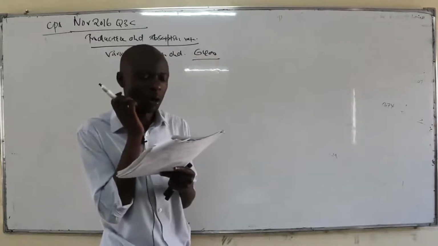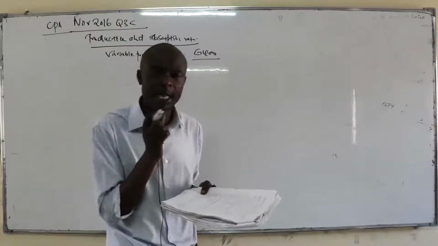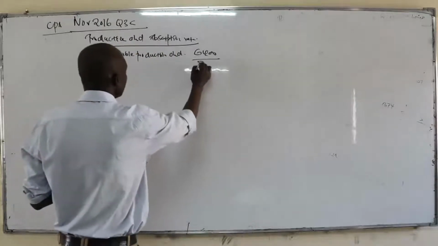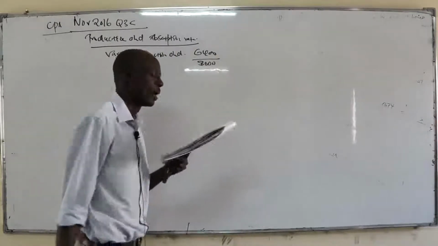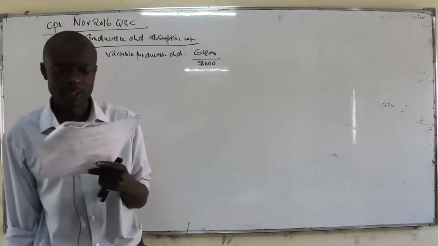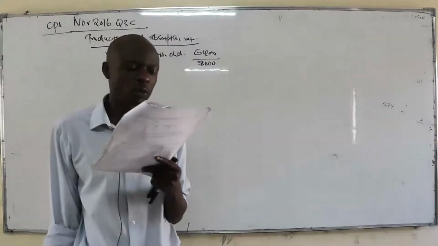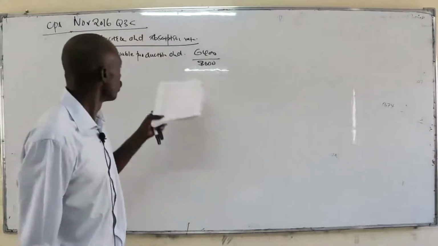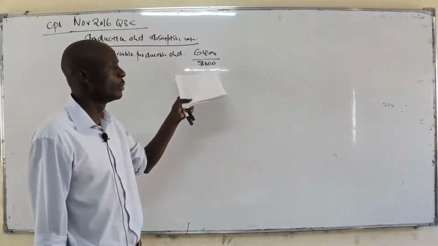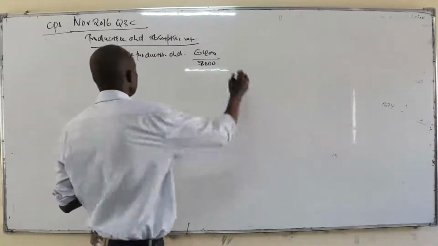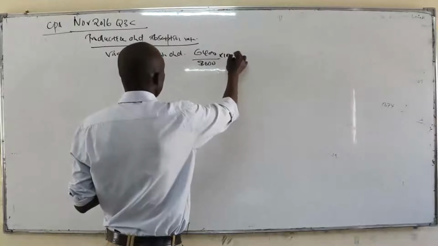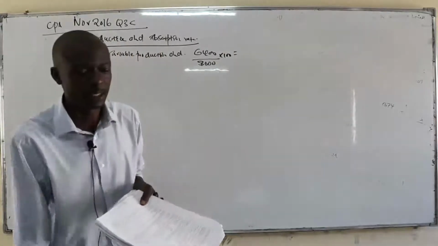And the total wages is how much? 8,000. So they absorb overhead based on the direct labor cost or direct wages, using a rate of 200% of direct wages. When it comes to cost, we said you must multiply by 100. So what would that be as a percentage?